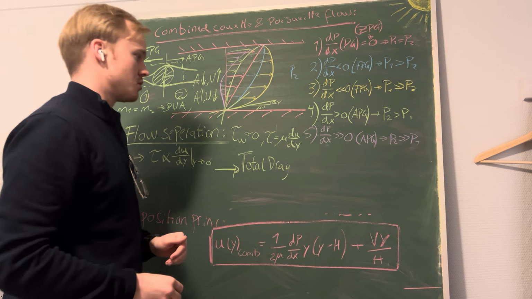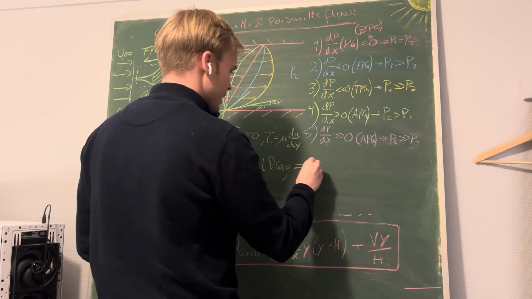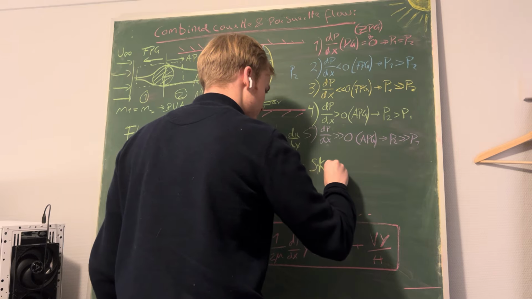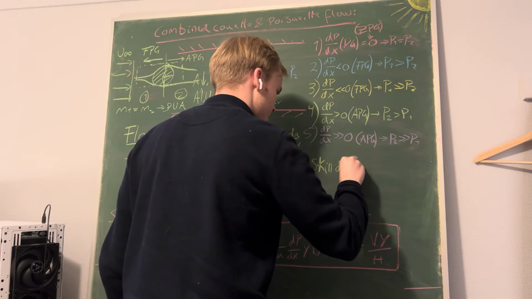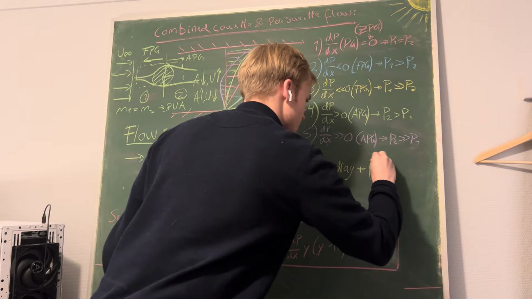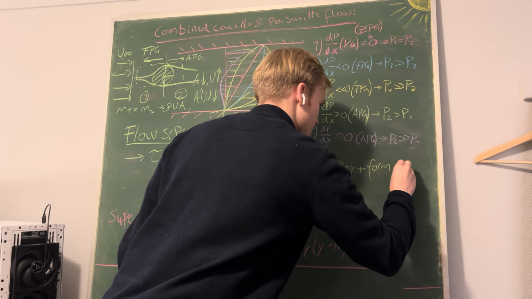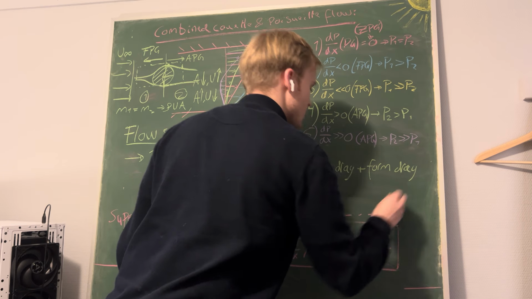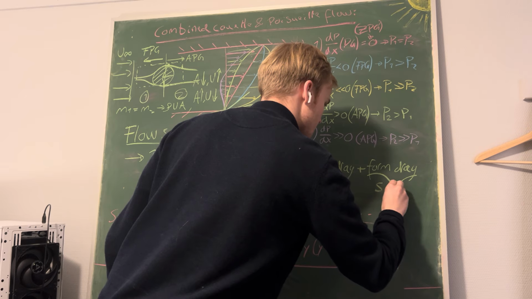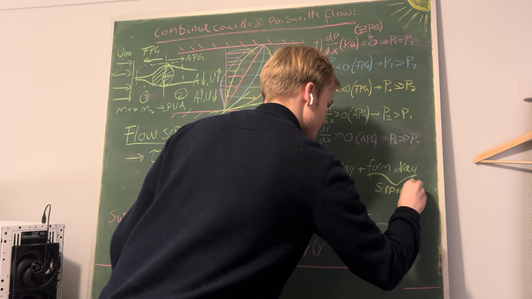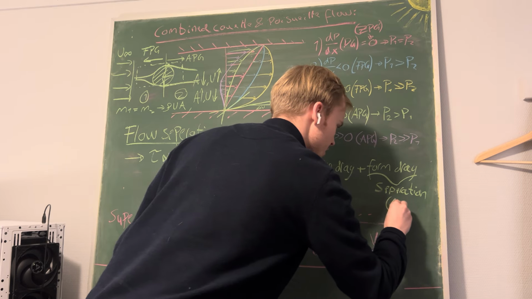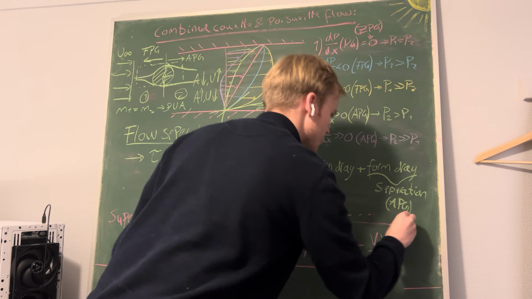But back to our total drag. Our total drag is skin drag plus what we call form drag. And this is due to separation, or what is caused by APG, an adverse pressure gradient.